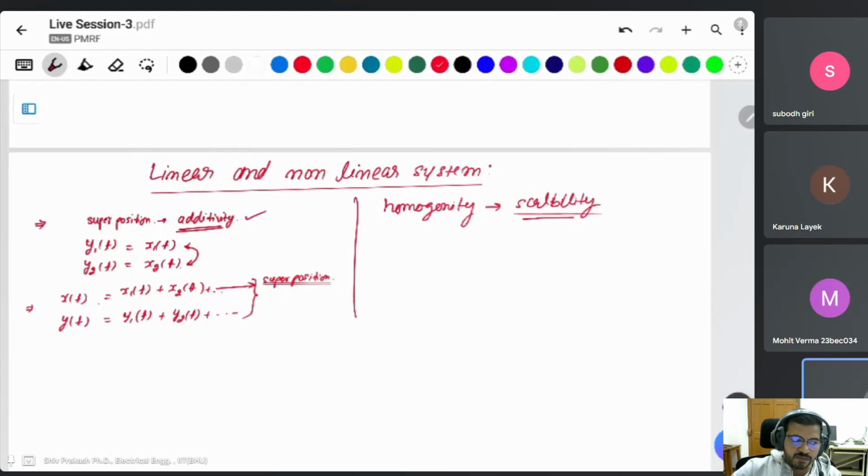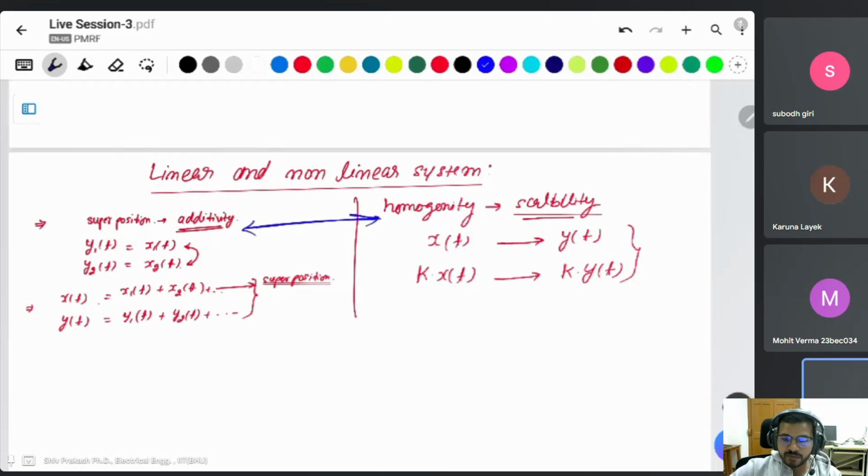If you scale a system, like if you have an input x(t) and the input gives some output y(t), and after that you multiply the input by some scalar, then the same scalar will also multiply the output. If this is verified, then our system is a linear system. That's homogeneity. And finally, if both conditions are true for a system, then that system is known as a linear system.